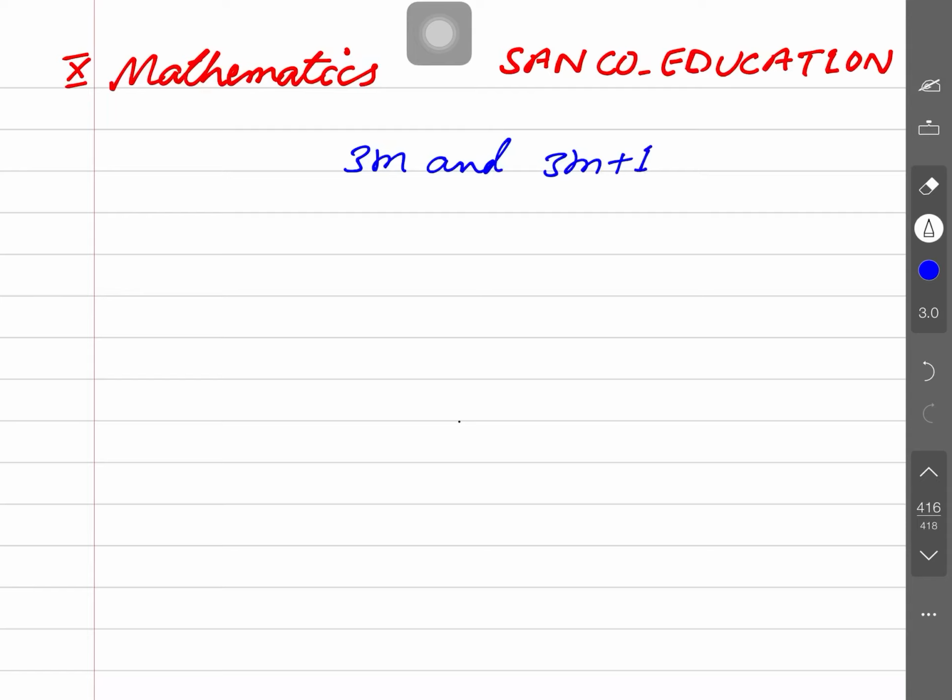Is that clear? The central idea of the question is Euclid division lemma. How does Euclid division lemma look? a is equal to bq plus r, where r is greater than or equal to 0 but always less than b.